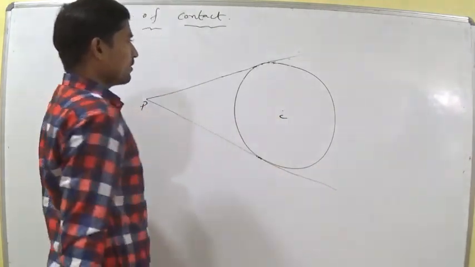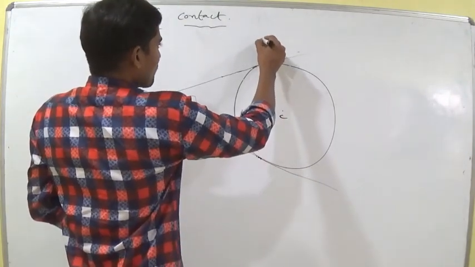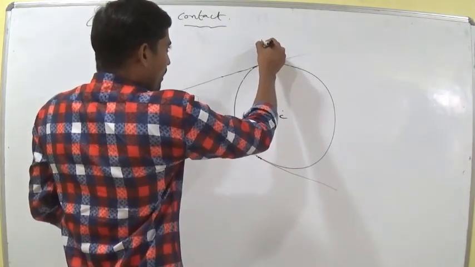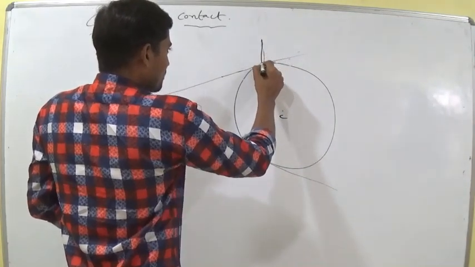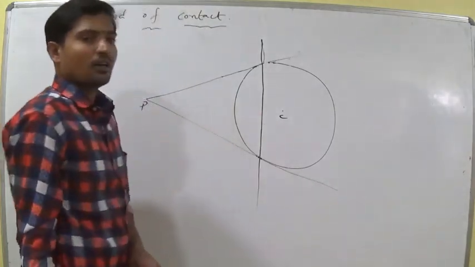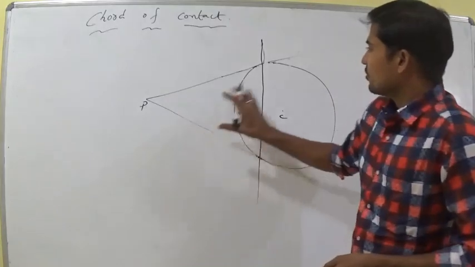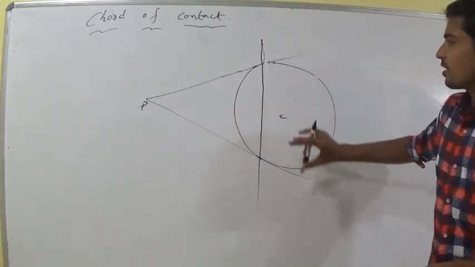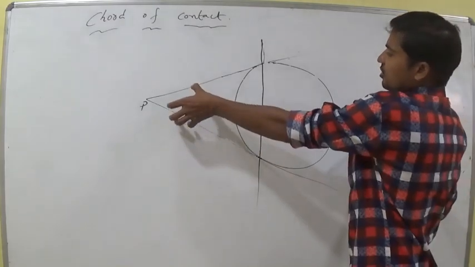The line which passes through the points of contact is called the chord of contact. Circle with center C, and P is the external point. Two tangents are drawn here.